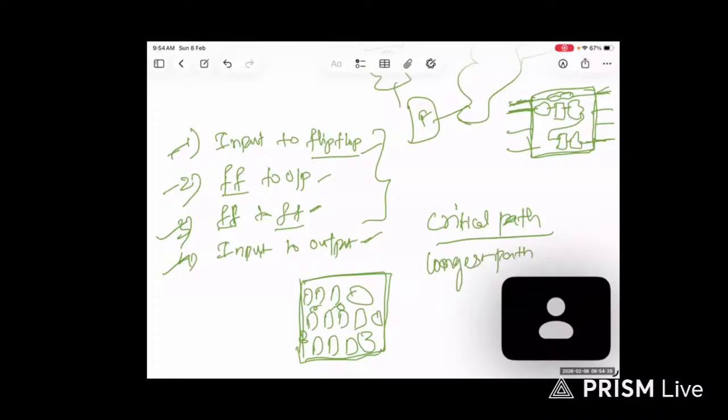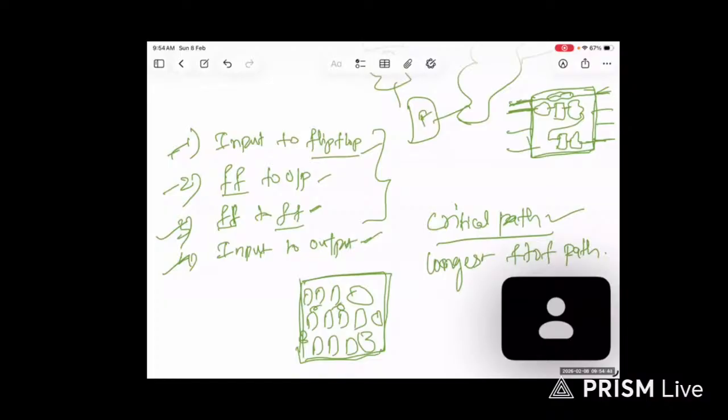Maybe you can say it as the longest flop to flop path. The longest path is called the critical path. In your design, the path that takes a lot of logic between two flip-flops is called the longest path.